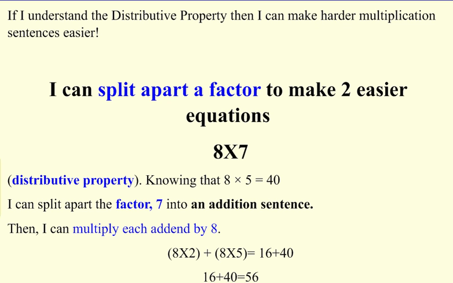So if I have 5 plus 2, that equals 7. So I can multiply each addend: 2 times the 8, and 5 times the 8. 8 times 2 is 16, and 8 times 5 equals 40. 16 plus 40 equals 56.